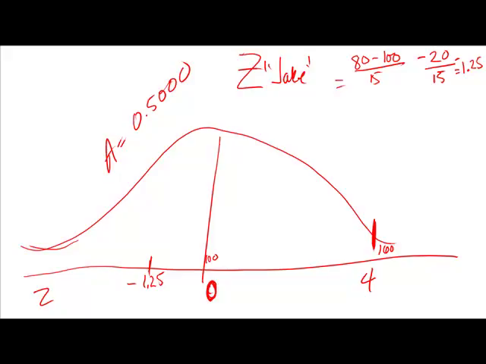Negative 1.25 gives us an area of 0.1056. What's the area on this side of Jake's score? So how many people, what proportion of the people scored higher than Jake? Hmm?